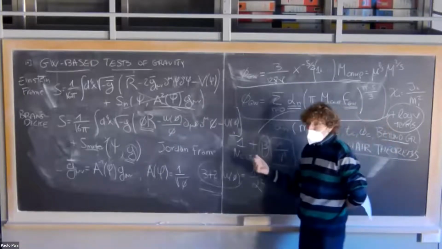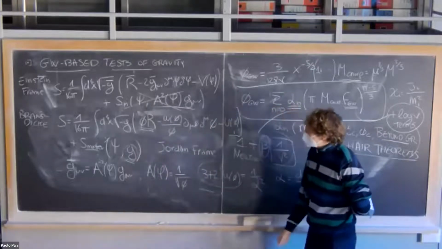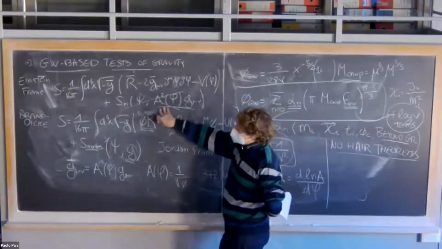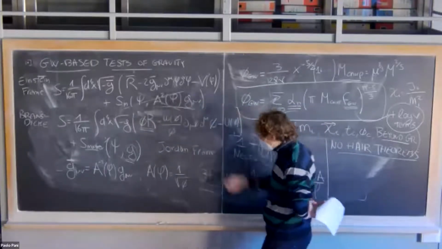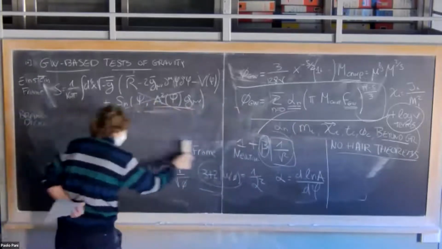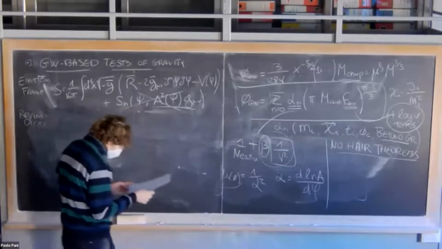What I just said is not true anymore for neutron stars. For neutron stars, there is matter, so there is a fluid. This term is not zero. And in fact, if one works out the field equation for the theory, the final result is the following.